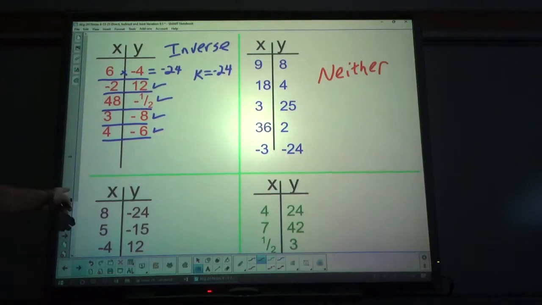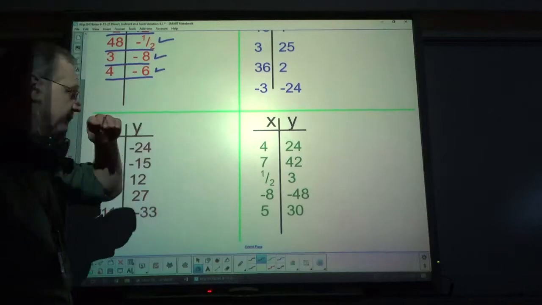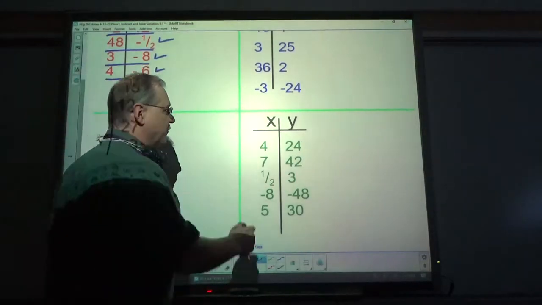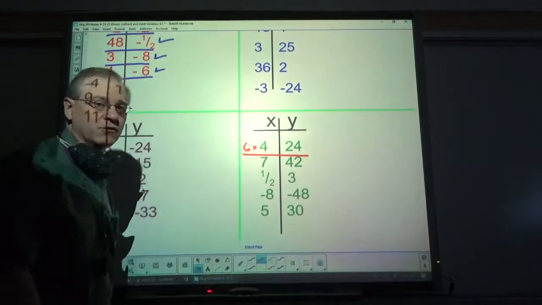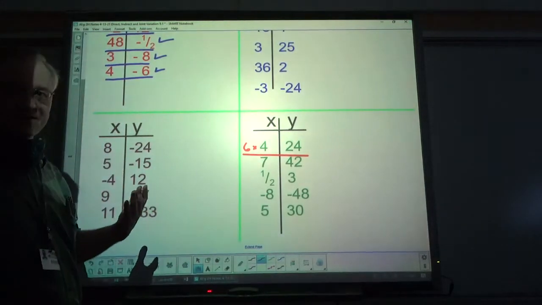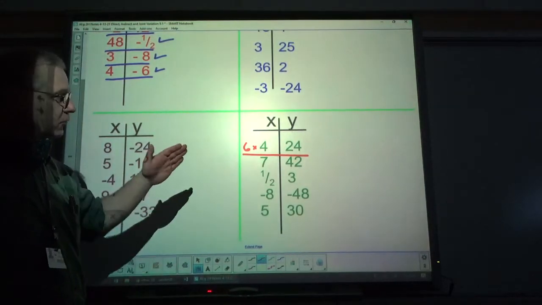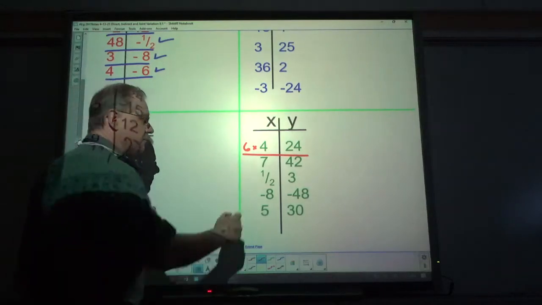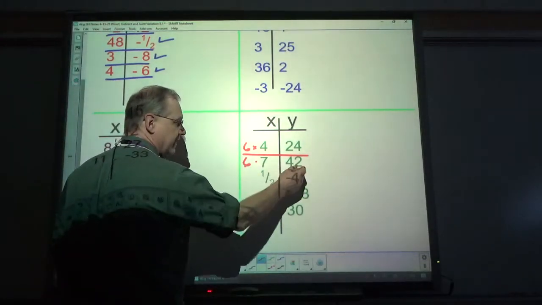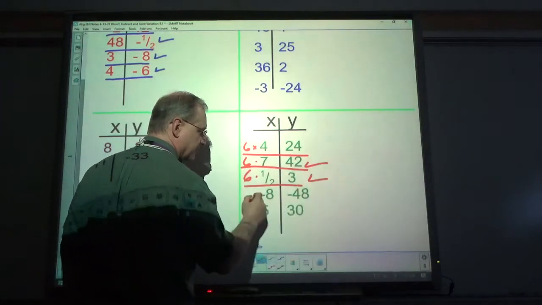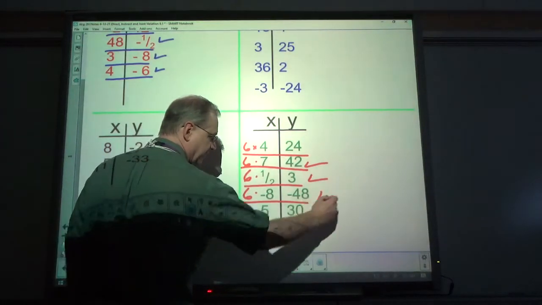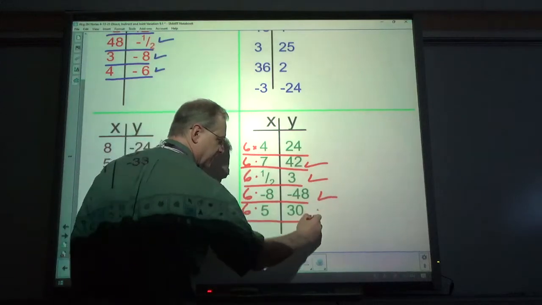Let's try the one right below that. What times 4 gives you 24? 6 times 4. If 6 is k, will that work all the way down? Times 6, yes. Times 6, yes. Times 6, yes. Times 6, yes.